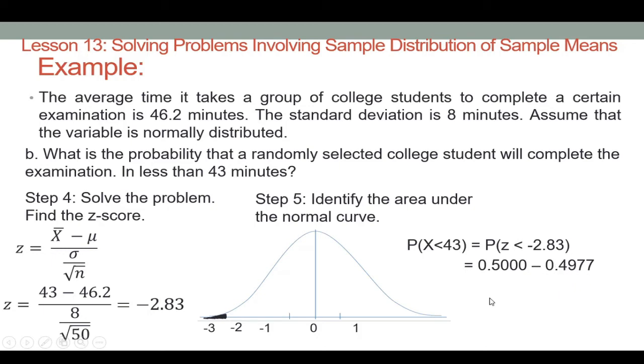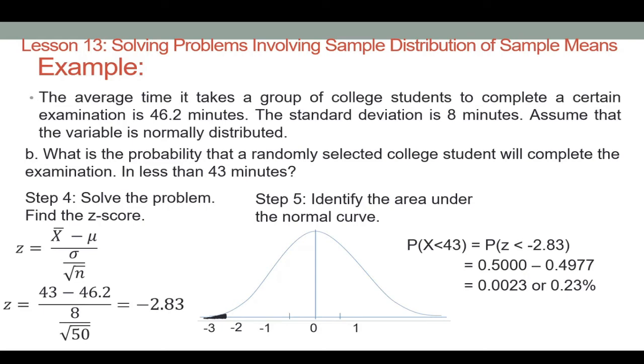So, isusubtract natin sa 0.5. Ano matitira? 0.0023 or 0.23%. So, ibig sabihin, yung 50 students na makukuha ko or mapipili natin, ang chance na ma-finish nila nung 50 na yon yung exam in less than 43 minutes ay wala pang 1%.